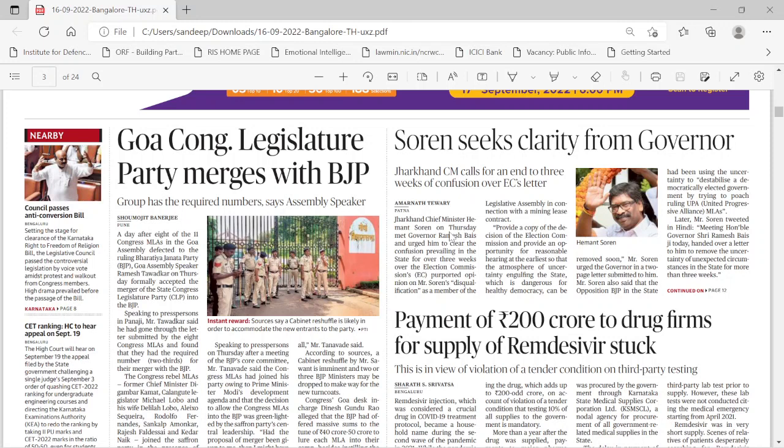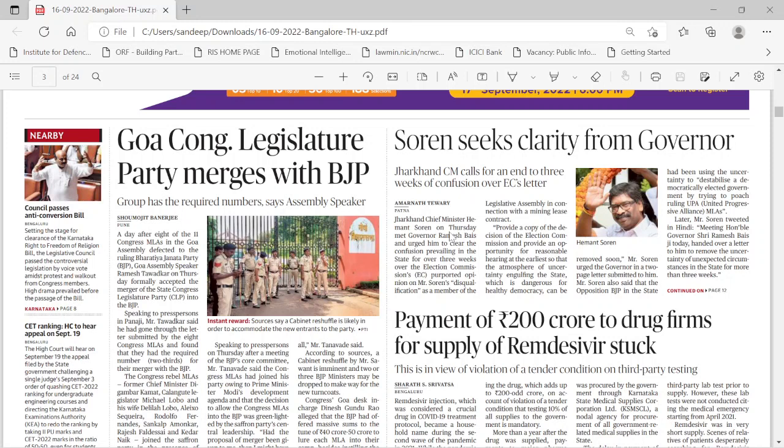So if 8 MLAs out of 11 come and join another political party, then there is no need of anti-defection. The meaning of this is, if two-thirds of any political party's members go and join another political party, then they don't come under defection.